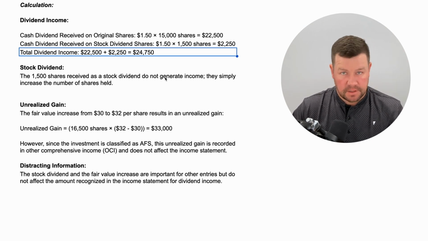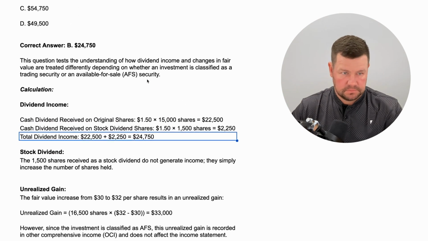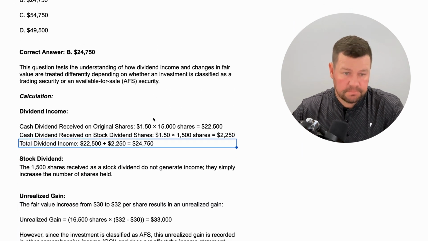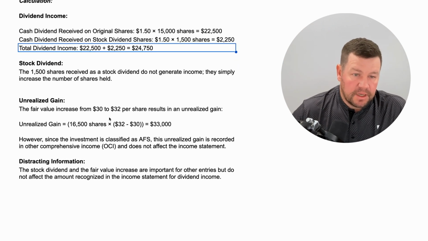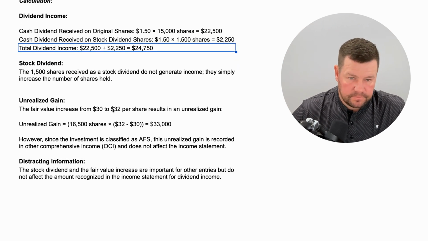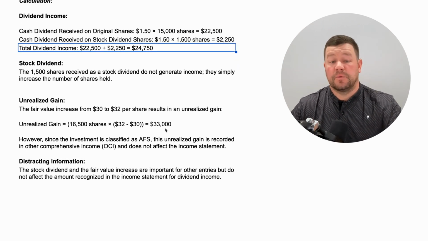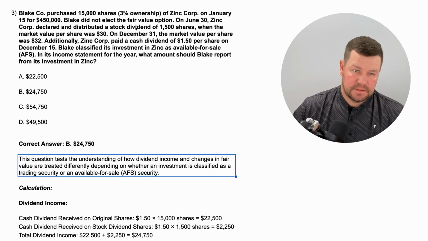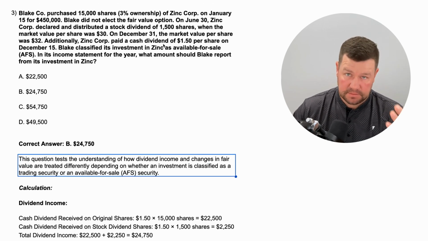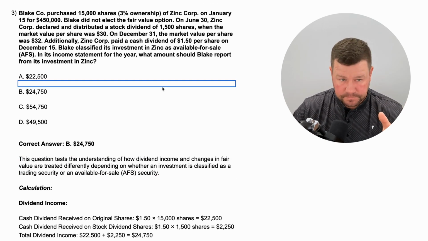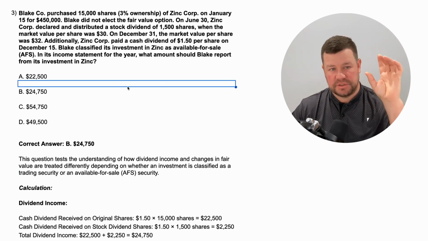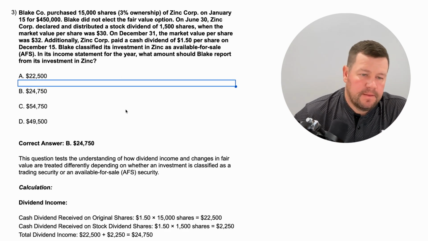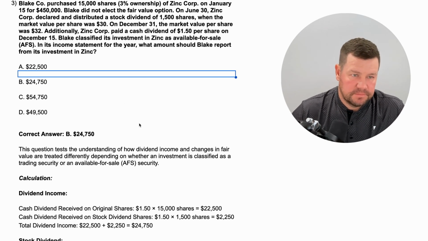They just increase the number of shares that, what's our fake company called? Blake is holding. And the unrealized gain, that change is irrelevant to what the question was asking because it says they're holding this as an AFS security. So, like I said, from questions 1 and 2, you should have been able to get to this answer. All right, let's move on to the next question.